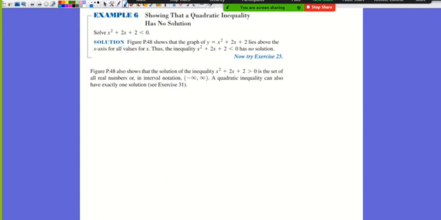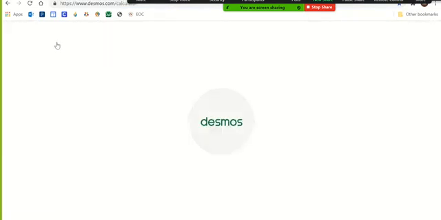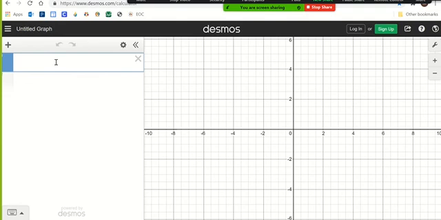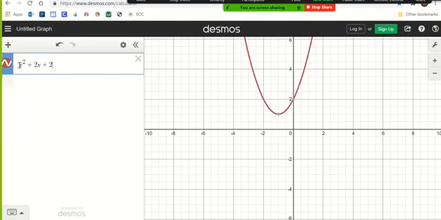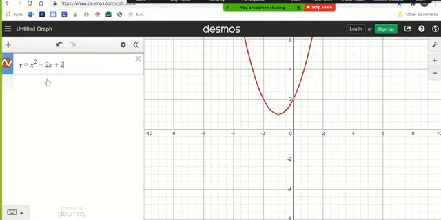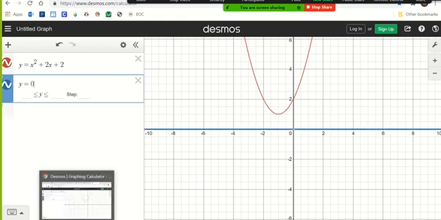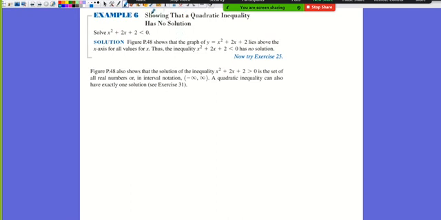Okay, x squared plus 2x plus 2. Okay, and 0. Okay, we're going to see where red is below blue.